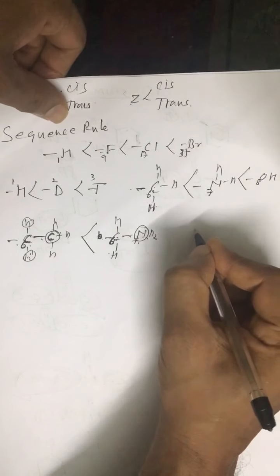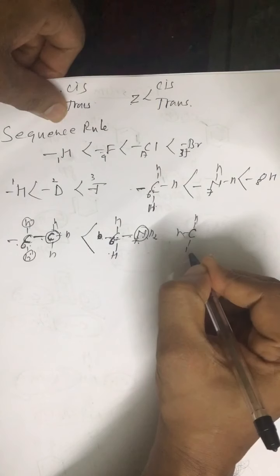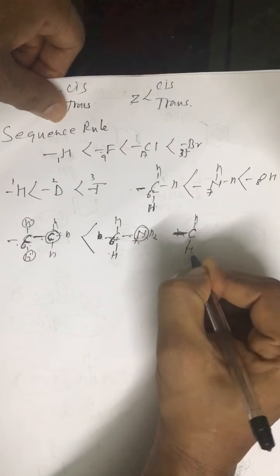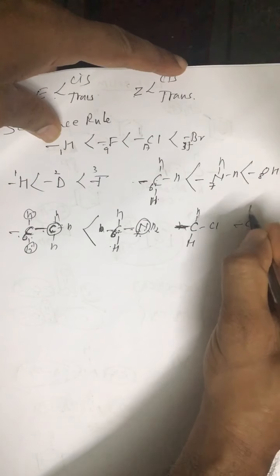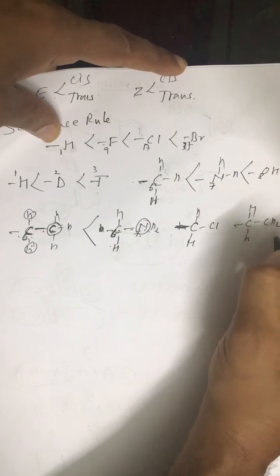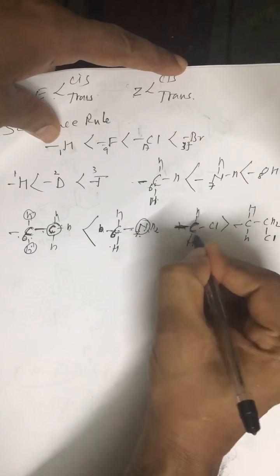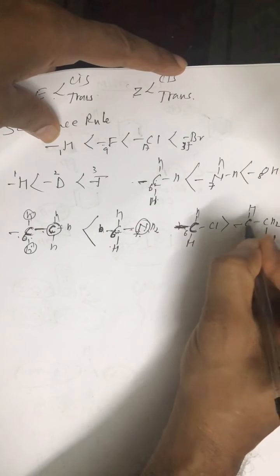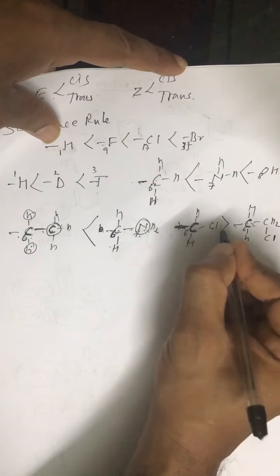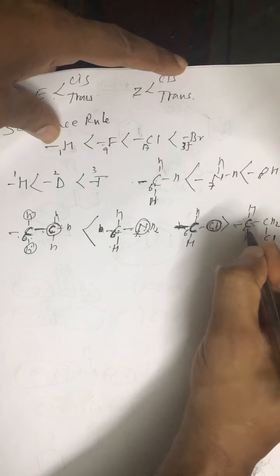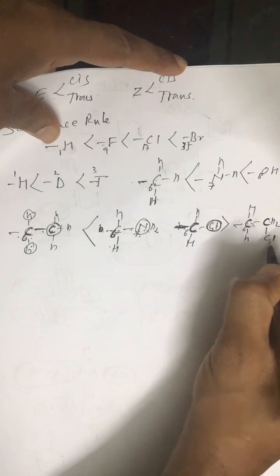All right. And if we have CH2Cl, and suppose we have CH2 and then another group, this group is senior because after the first atom, whose atomic number is 6, the second atom which comes into comparison is chlorine in this case, whereas in the other case the second atom which comes into comparison is carbon, because this is considered the third atom.